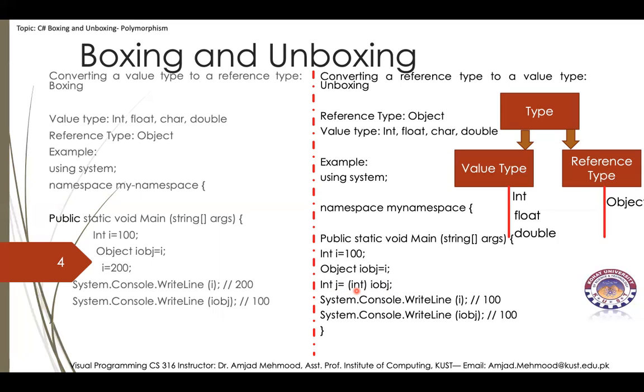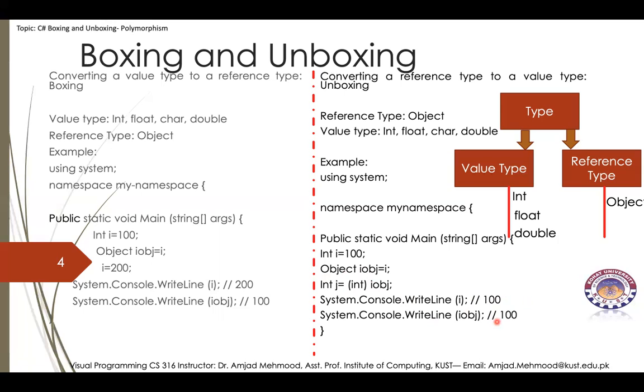So here you have to mention that explicitly. As I am converting the object type to integer, I have to mention integer here. And if I want to convert to float, I have to mention float here. And if I want to convert to double, I have to mention double here. And similarly, when it is converted into that particular type, you must have a variable of that type here to store that value. And then I'm printing those two and getting the same result.